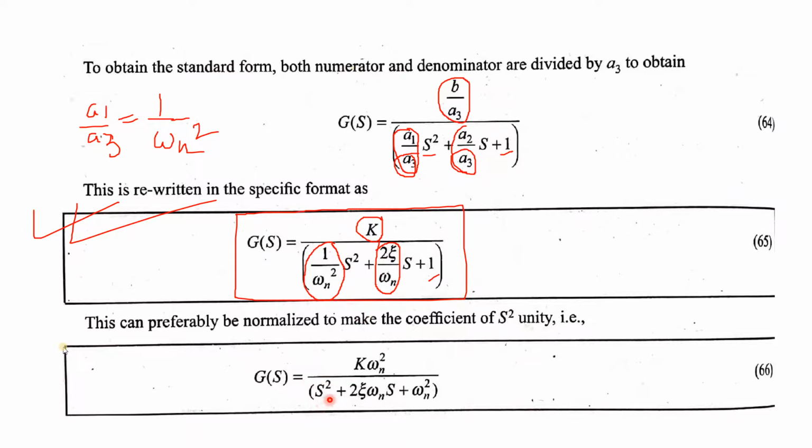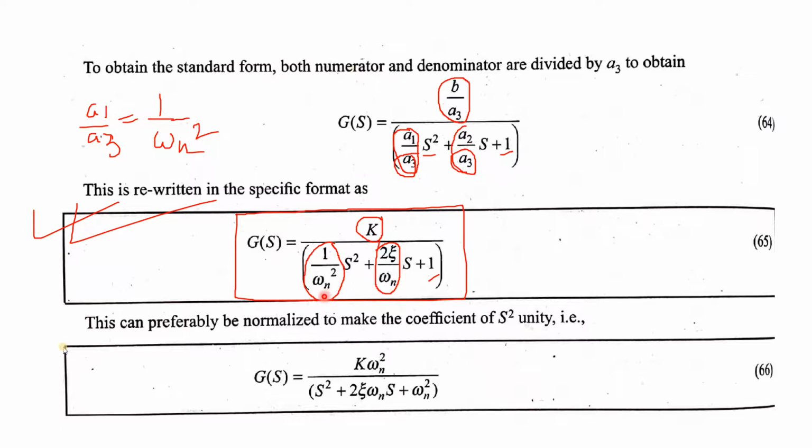Then we will rearrange it to write in the same way as we represent the first order system, that is, nothing associated with s square, only 1 is there. We don't do that directly, we do it in 2 steps. First step, the third parameter is made 1, so we divide by that.